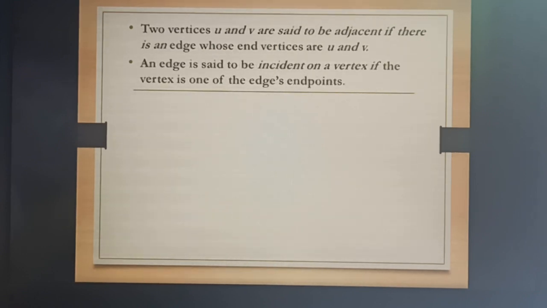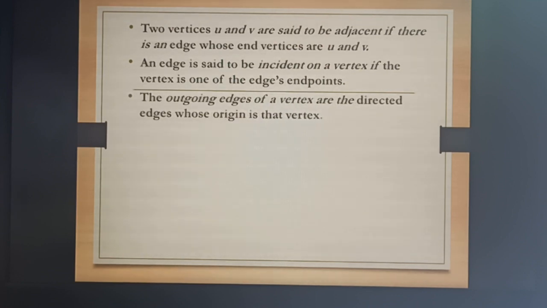Then an edge is said to be incident on a vertex if the vertex is one of its endpoints. One edge contains two vertices, so that edge is called incident on that vertex because that vertex is one of the endpoints of the edge.